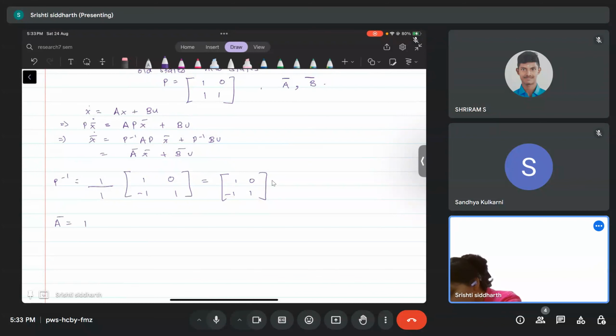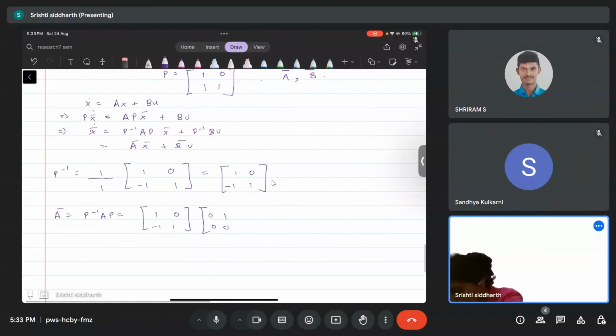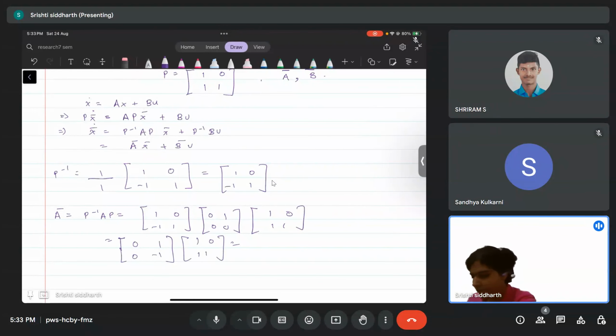Okay, so A bar is therefore P inverse A P. A is [0, 1; 0, 0], and P is [1, 0; 1, 1]. So P inverse is [1, 0; minus 1, 1], times A, times P. So what do we have then?